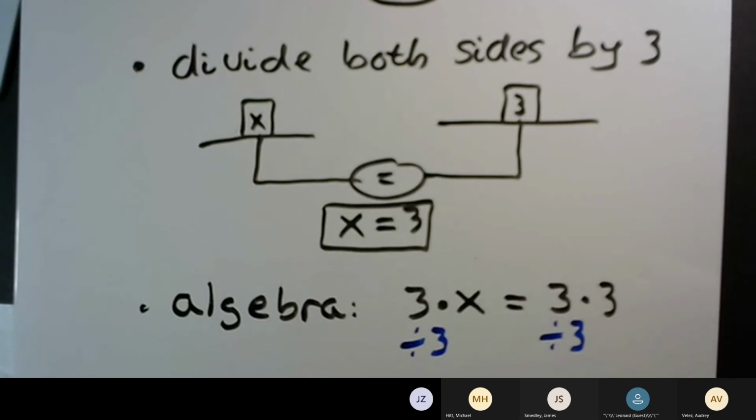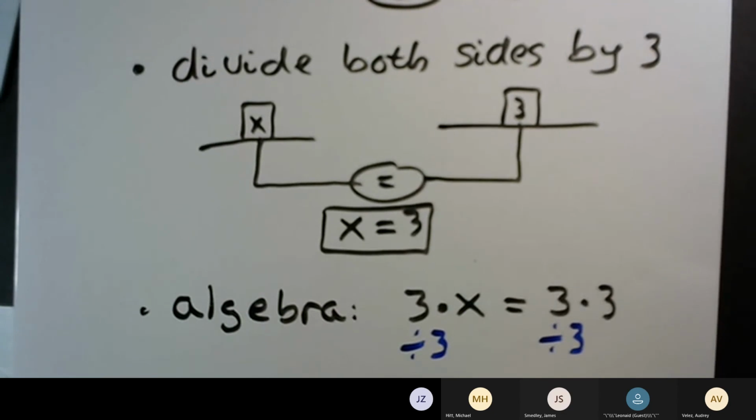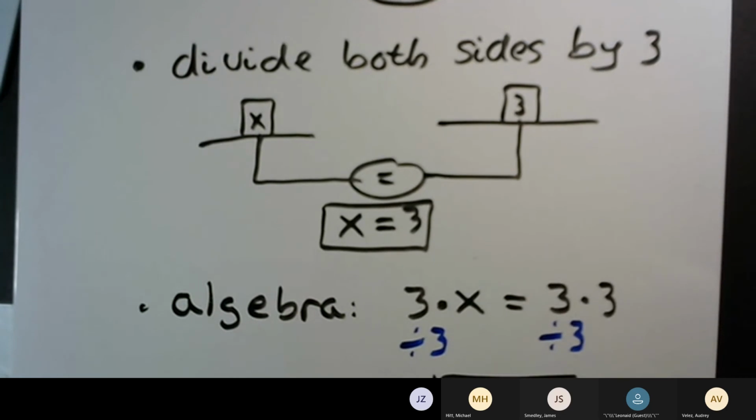You can kind of think of this as how we cancel numbers when we reduce fractions. When we reduce fractions, we cancel numbers by dividing. So this will cancel, this will cancel. And so we get x is equal to 3. Questions about that?